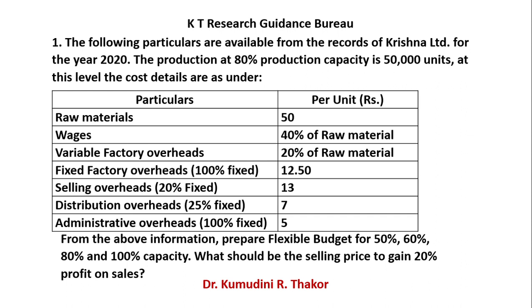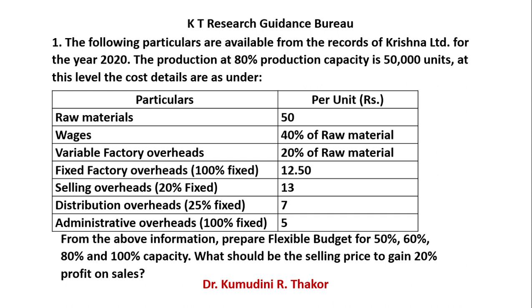Per unit, it is 12.5. So it is 100% fixed. So for every level of capacity, they will remain fixed. Selling overheads, 20% fixed means 80% variable, and per unit 13 rupees are there. Distribution overheads, they are 25% fixed, so 75% variable. Administration overheads, 100% fixed, so it is easy to understand.